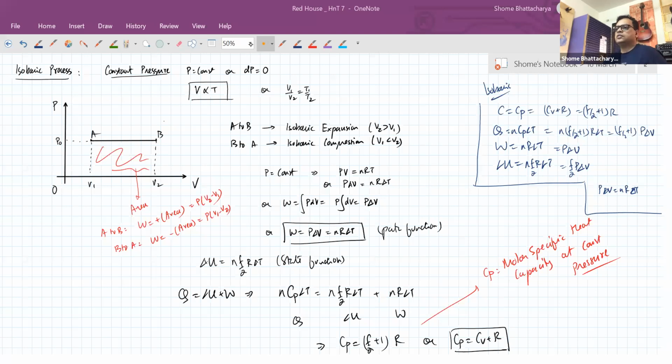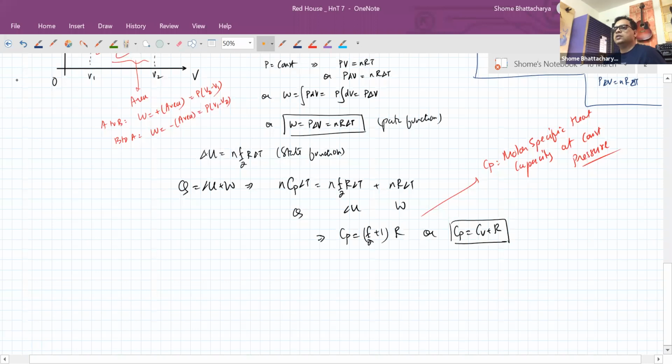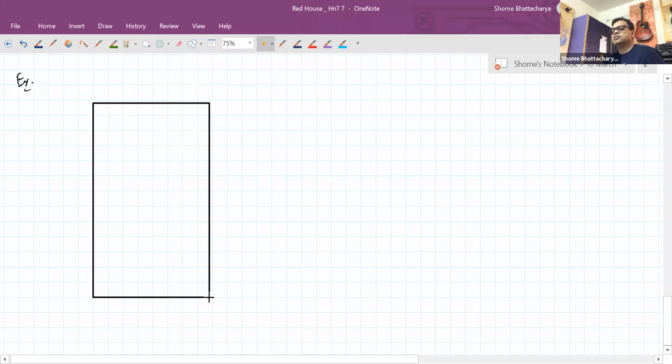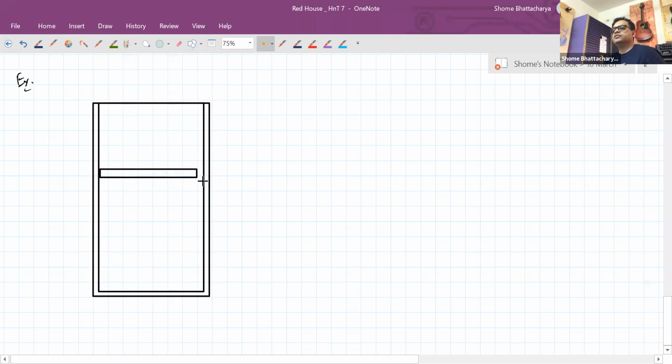Okay, so let's visualize an example problem based on an experimental kind of setup. So what we have here is, say we have a double walled container which is fitted with a free piston.